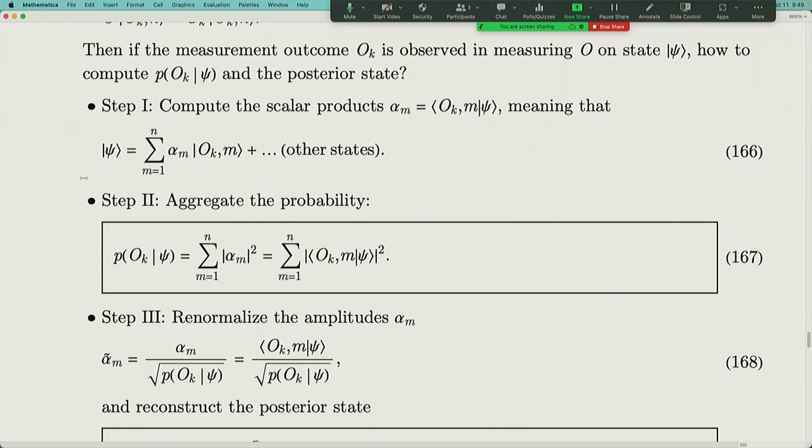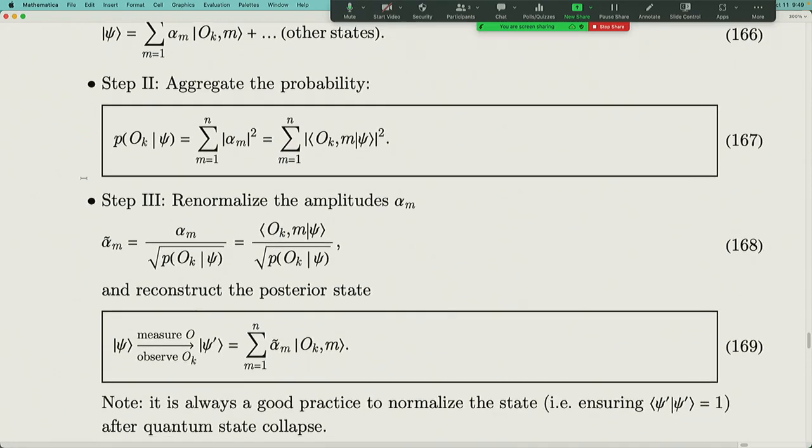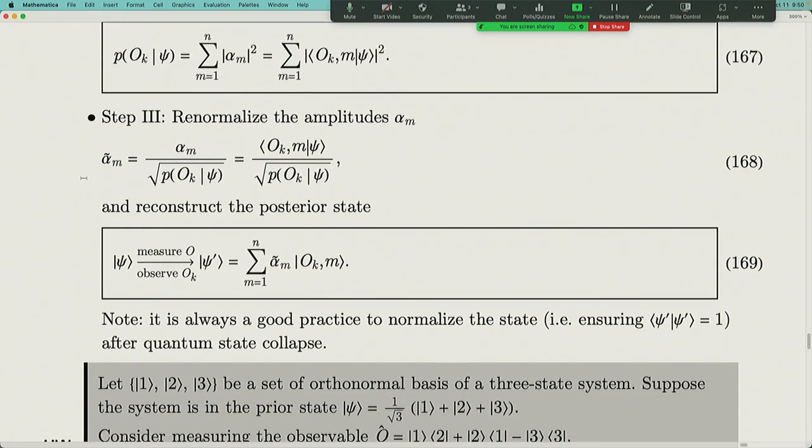The way to do that is to project the state into the subspace specified by the eigenvalue which you observed, and then renormalize the state such that the probability becomes 1 again. It's always good practice to normalize the state after the projection, okay?